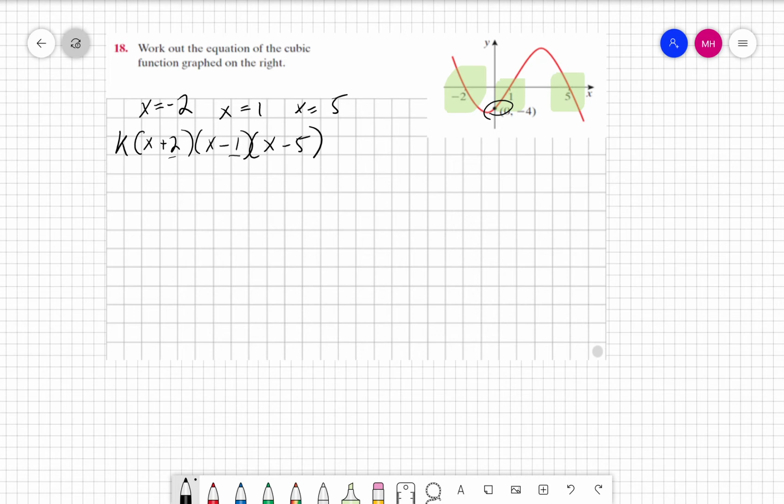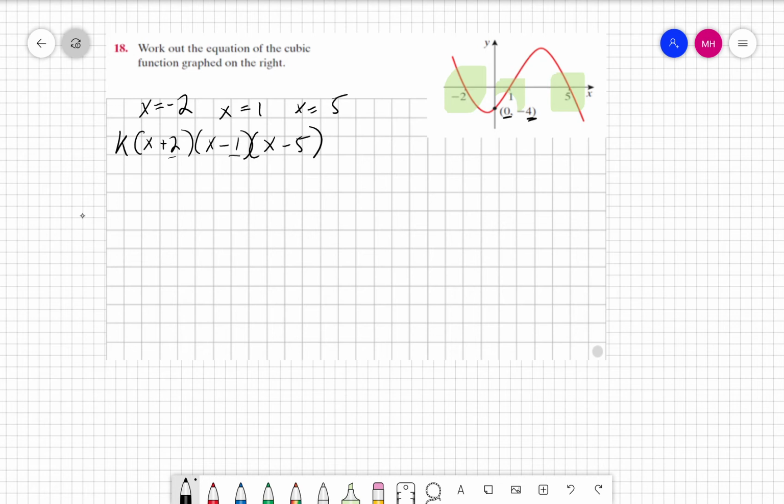The k in front has to be there. There has to be some sort of coefficient in front of it all to make this correct, in order to have a minus 4 as your y-intercept. So the question now becomes, what essentially is that k? If you put 0 into your function, you get minus 4.